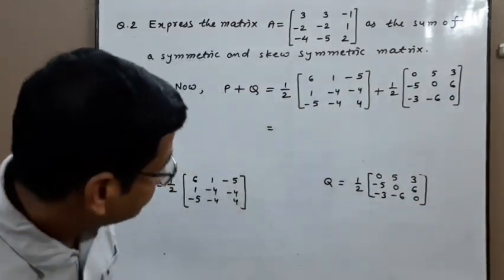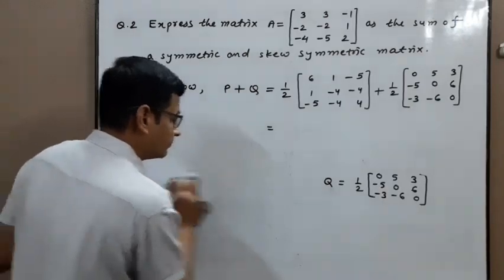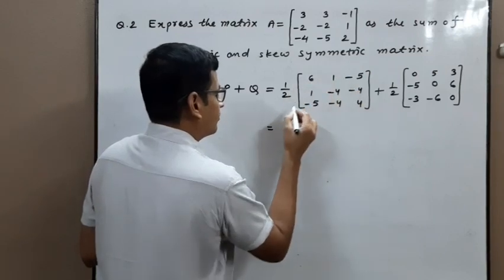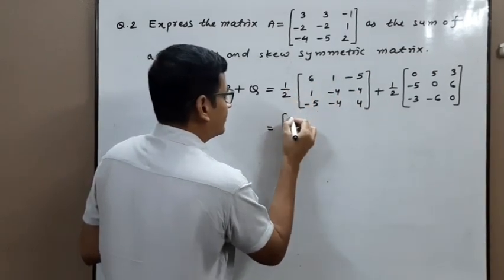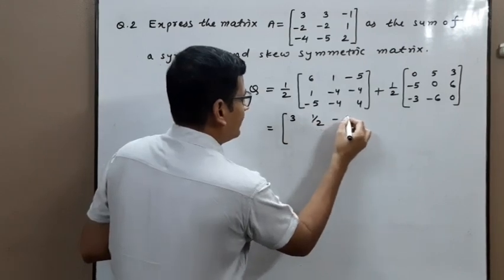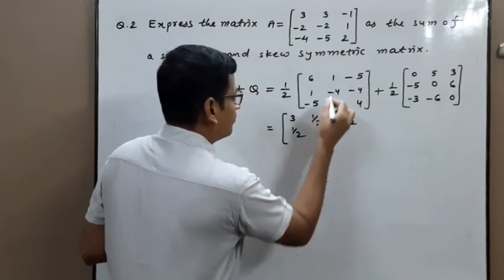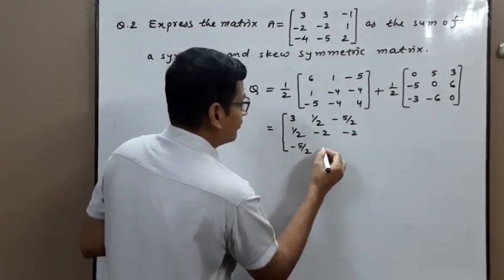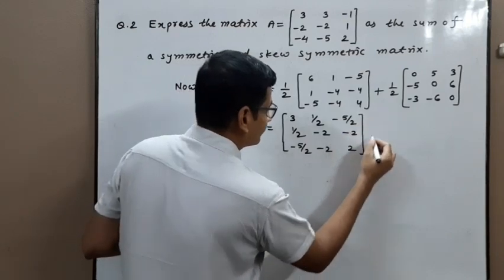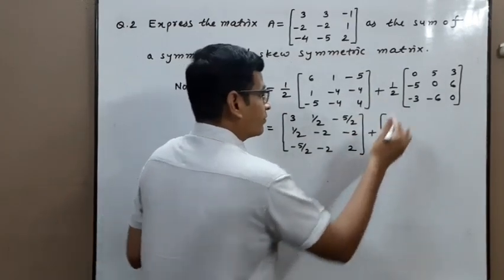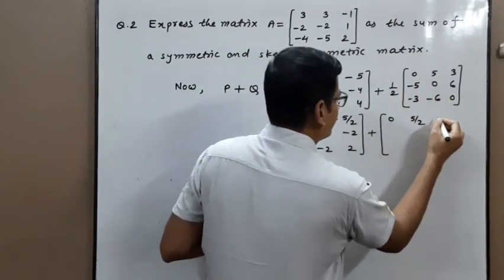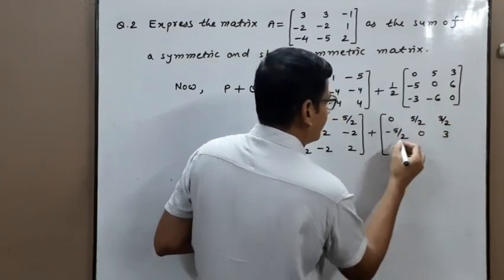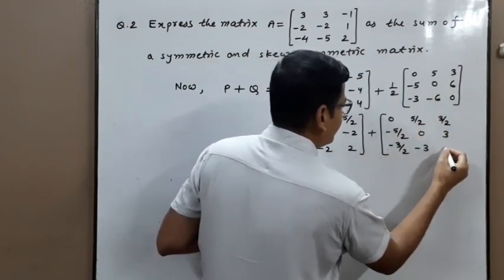Next step. Divide each term by 2: 6 by 2 is 3, 1 by 2, minus 5 by 2, 1 by 2, minus 2, minus 2, minus 5 by 2, minus 2, plus 2. Divide this term by 2: 0, 5 by 2, 3 by 2, minus 5 by 2, 0, 3, minus 3 by 2, minus 3, 0.